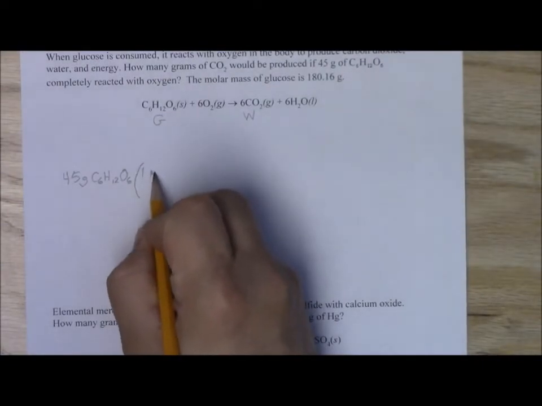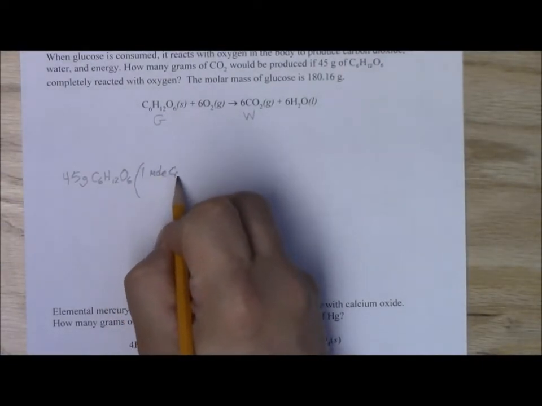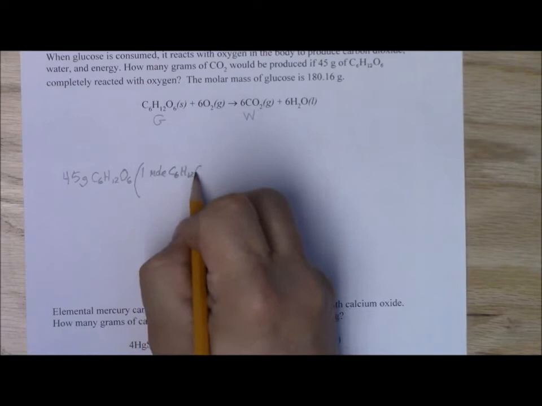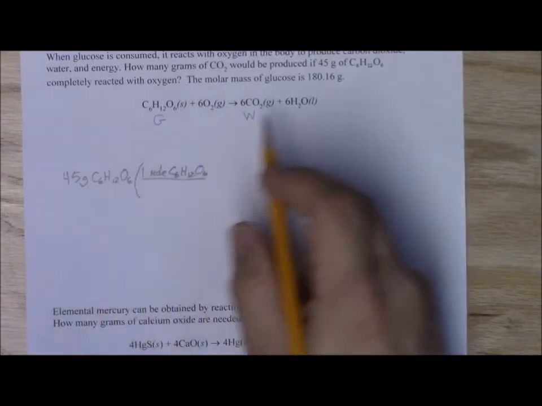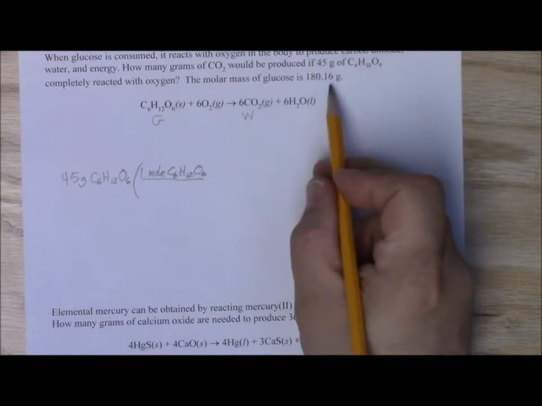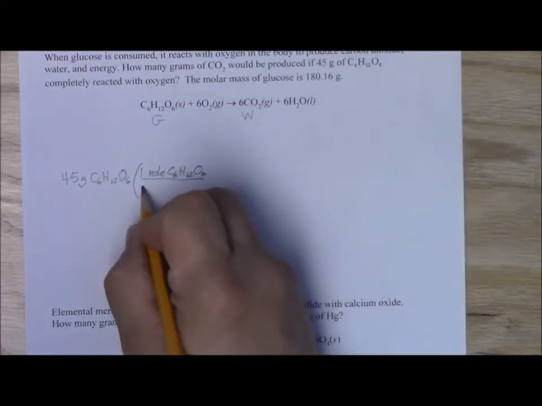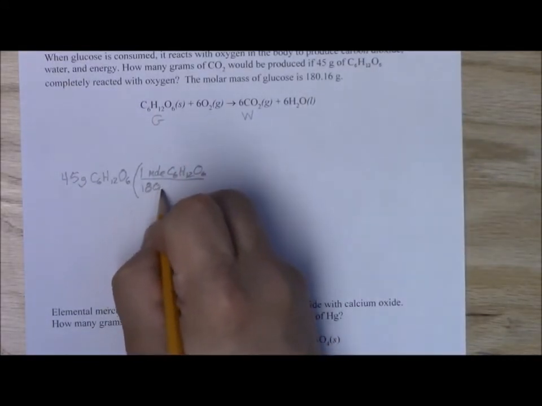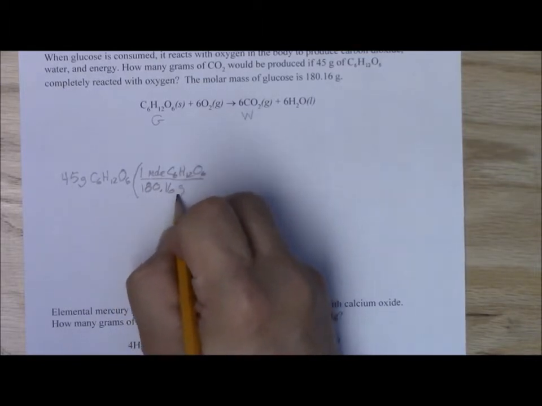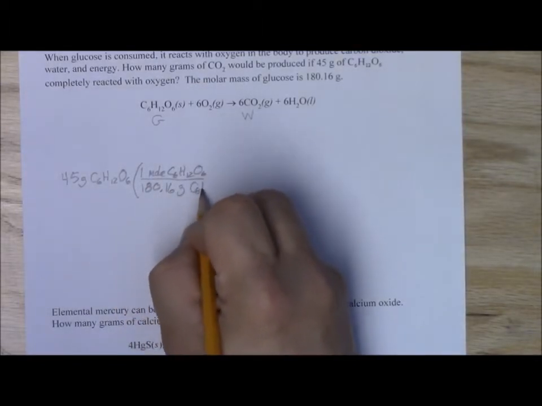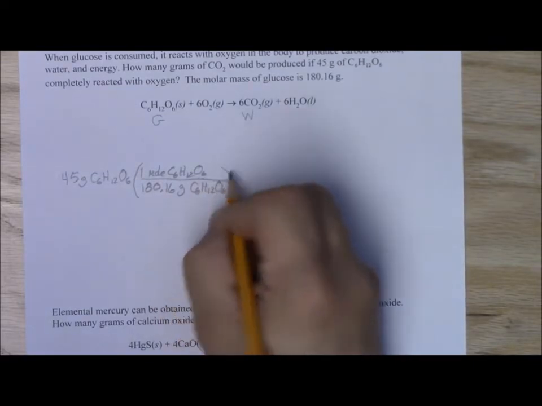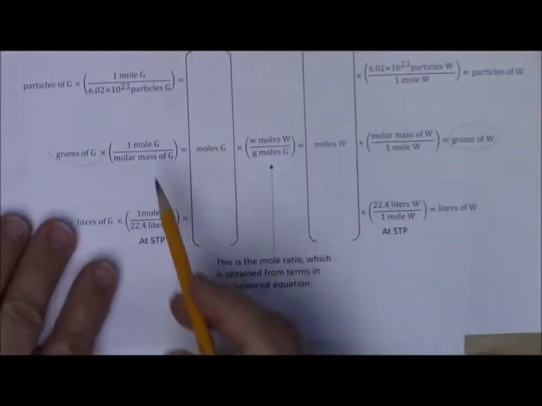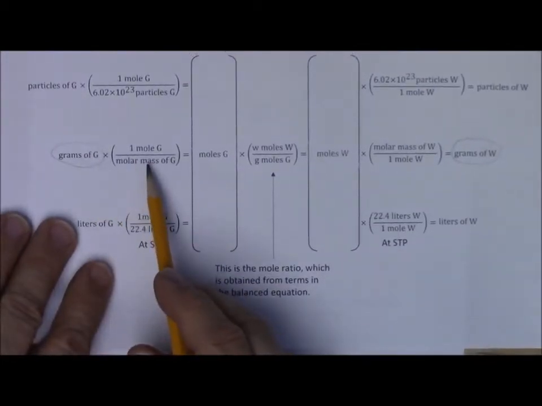So 1 mole C6H12O6 divided by the molar mass of glucose, which, thank goodness, they tell us is 180.16 grams C6H12O6. And per our roadmap, once I multiply that out, I would get grams of glucose.